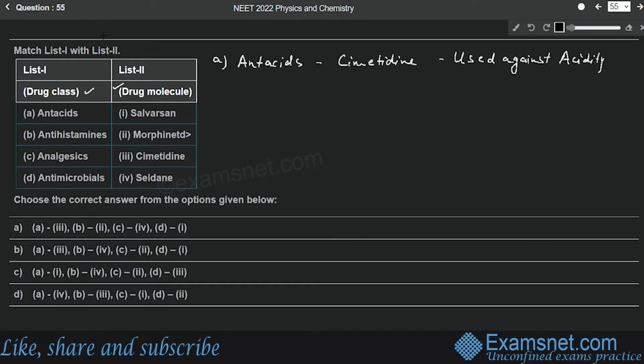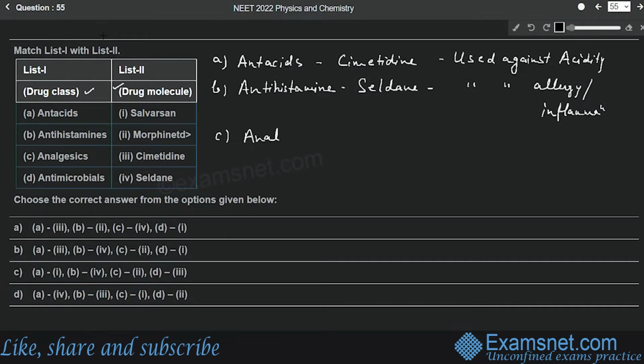Right? Now the next one is antihistamines. So what is the example of antihistamine drugs? It is Seldane. Okay. And what is it used for? It is used against the allergy or inflammation. The third one is analgesics. So this class of drugs includes morphine.